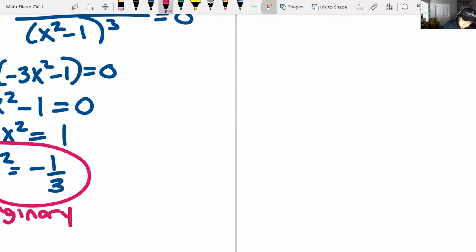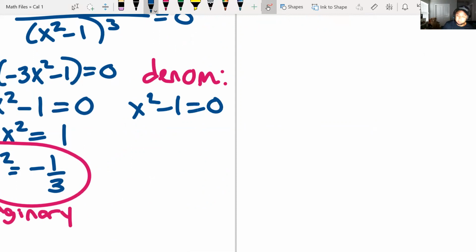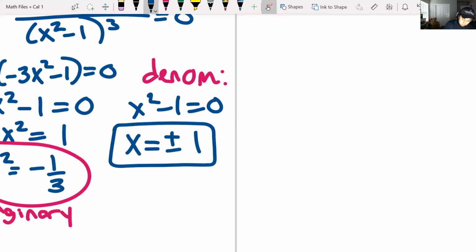Next is from the denominator. Take x squared minus 1, set it equal to 0. And again, x would equal plus or minus 1.